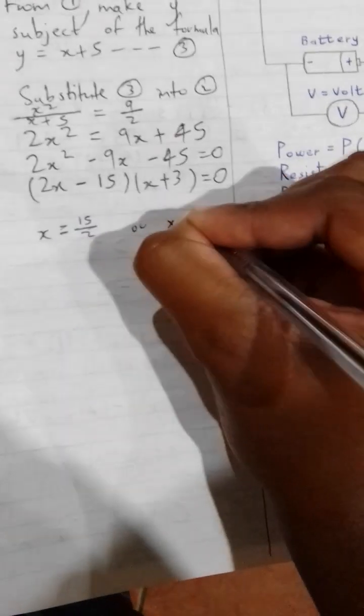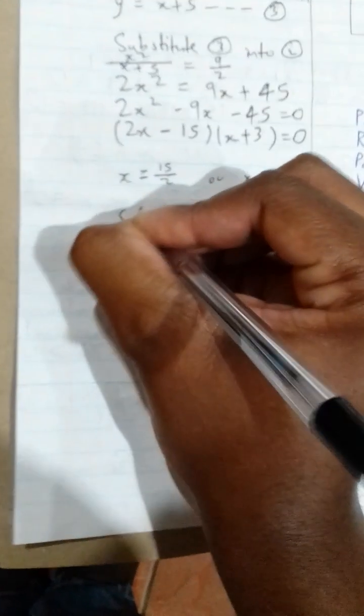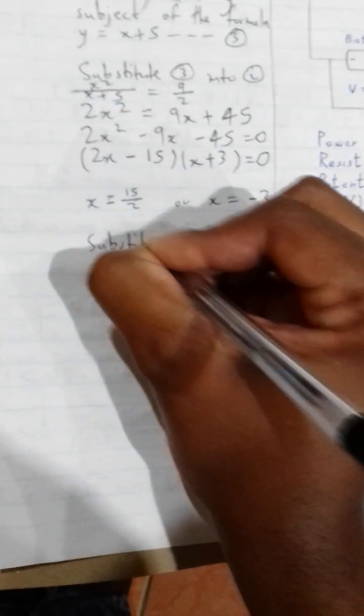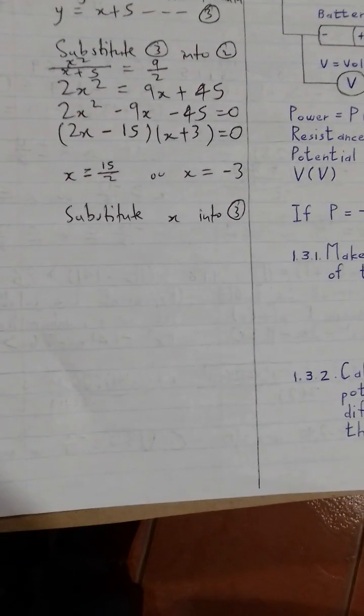x is equal to 15 over 2 or x is negative 3. Then we substitute x into equation number 3, since y is already the subject of the formula, right?